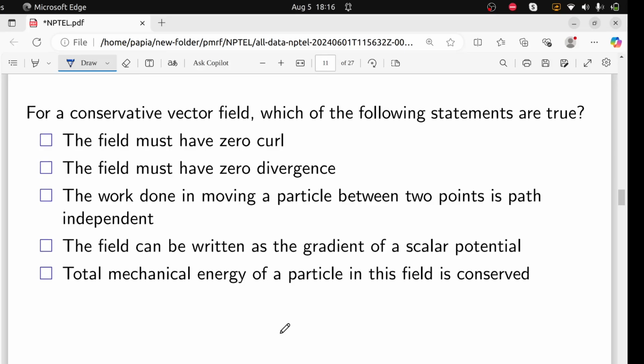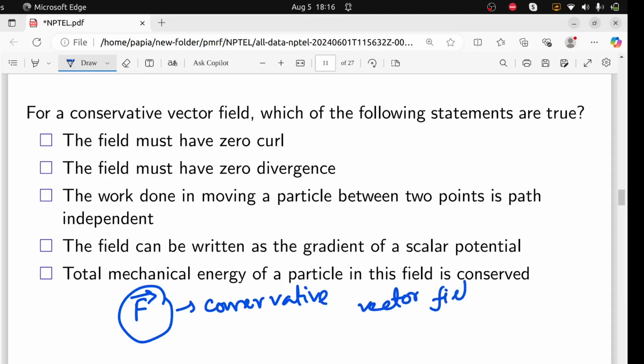This point is what? For a conservative vector field, which of the following statements are true? Okay, so conservative vector field means what? Let's say I am talking about F. This is a conservative vector field. Okay, so if it is a conservative vector field, then what will happen?